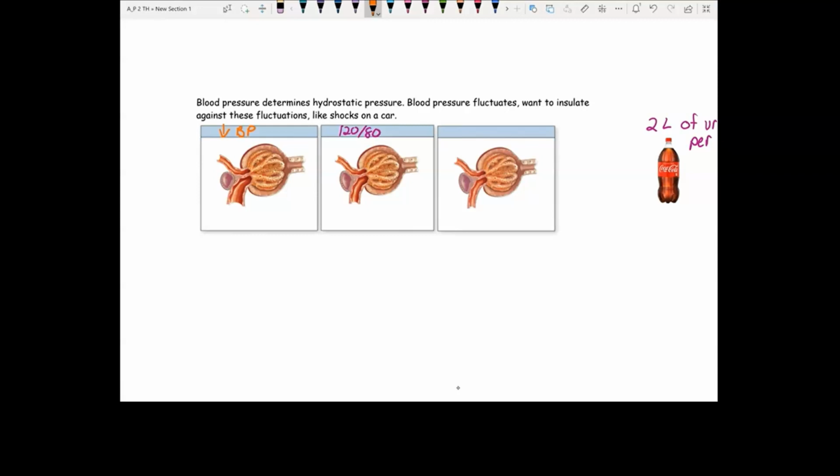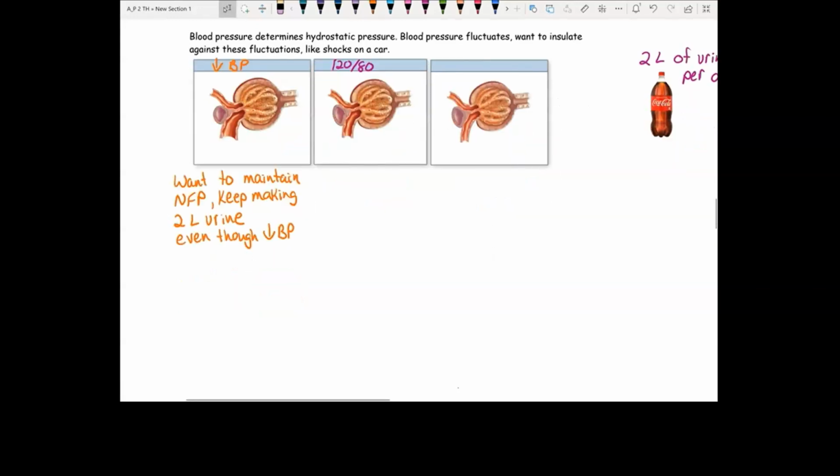We want to maintain net filtration pressure and keep making 2 liters of urine, even though blood pressure is lower. So we don't have as much force pushing the blood through the kidneys.